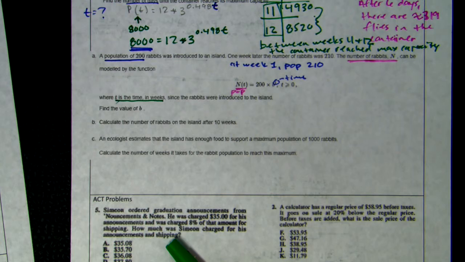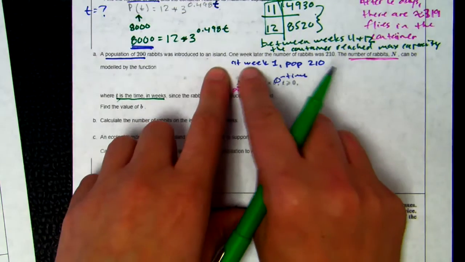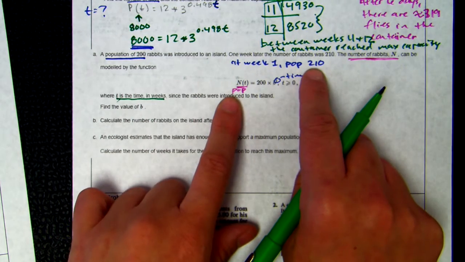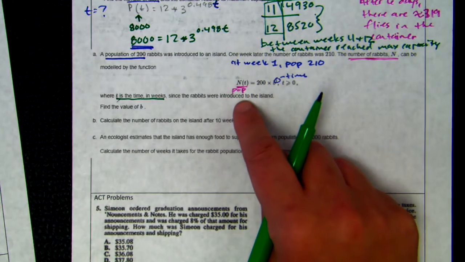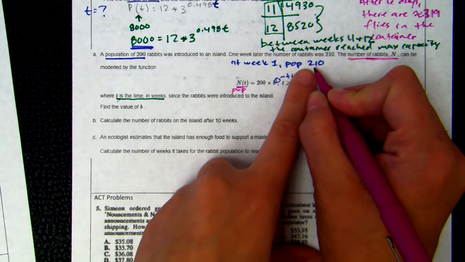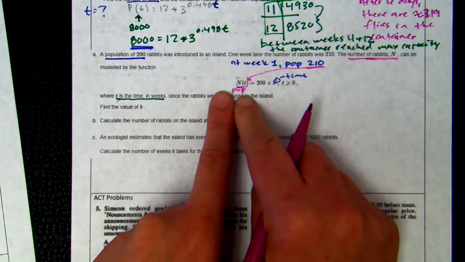I'm going to use some information it told me before to find the value of b. I know that at week 1, the population is 210. So let's plug that into my equation first. My population is 210. I can plug that in for n because that's my population.